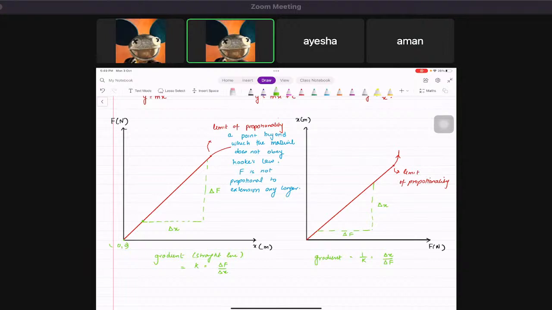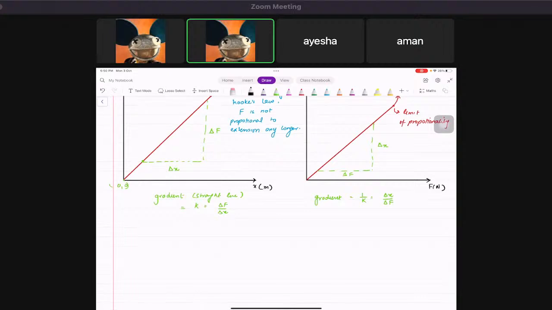The third type is the graph between force in newtons versus length of the spring, or material, whatever they give you.